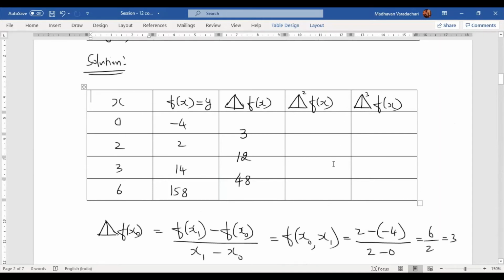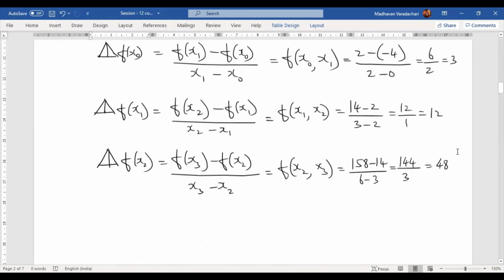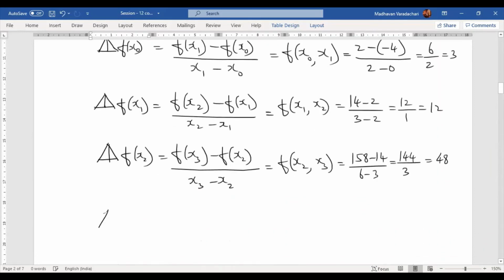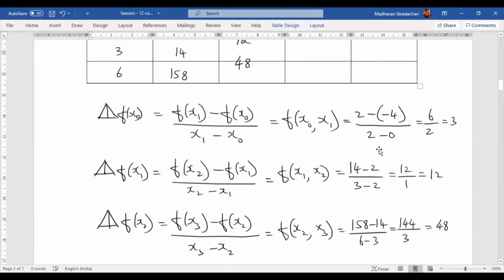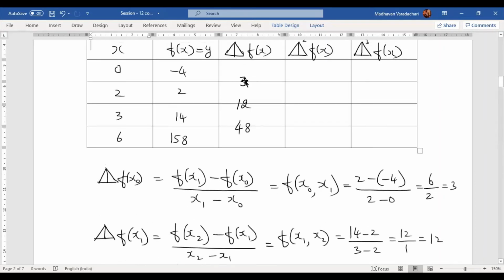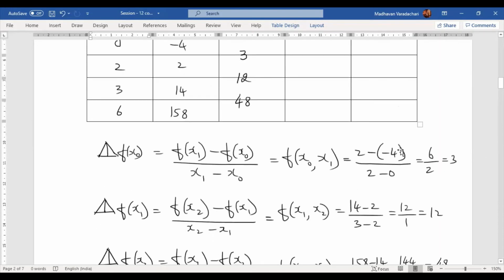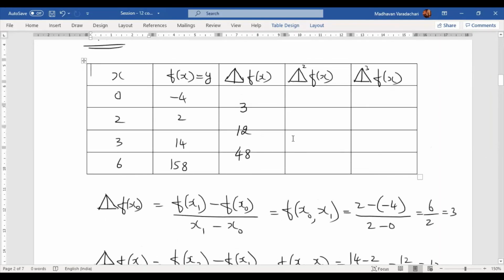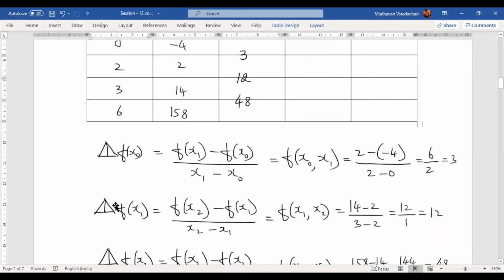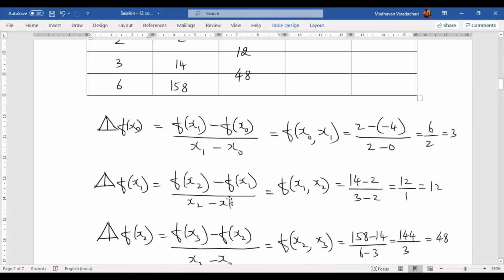Now let us move on to the second order divided differences. That means I should write the second order divided difference, f of x naught. How do we do that? We are going to consider these two. This 12 is actually the divided difference f of x1, x2.